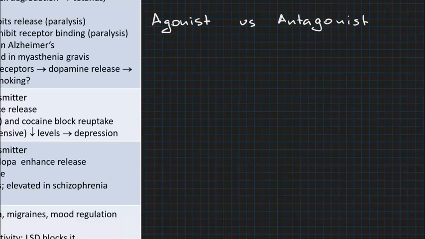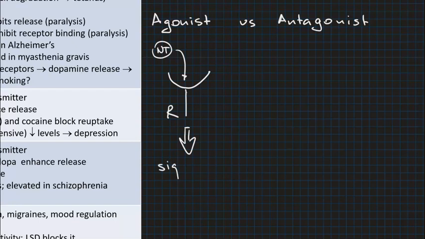Remember, we're talking about the fact that neurotransmitters act on receptors, right? So imagine we have a receptor and we have a neurotransmitter that can bind to it. Okay? And that results in some kind of signal.